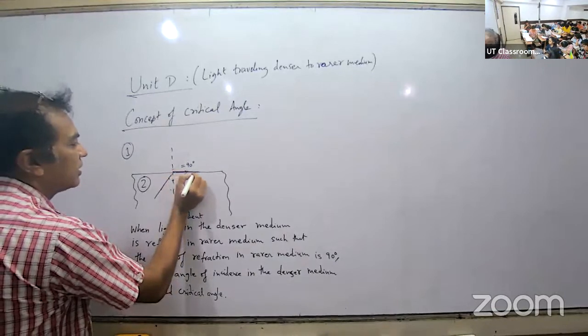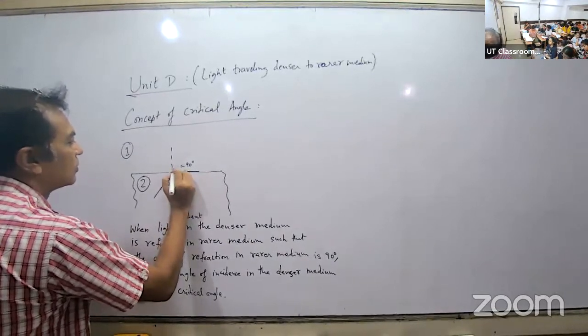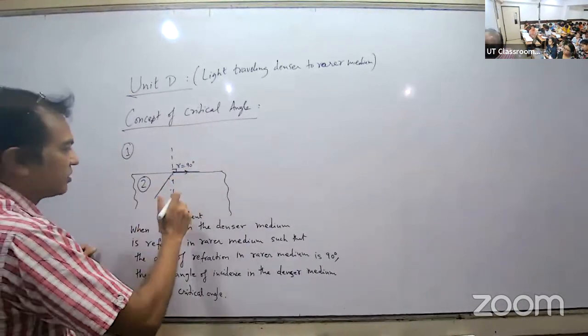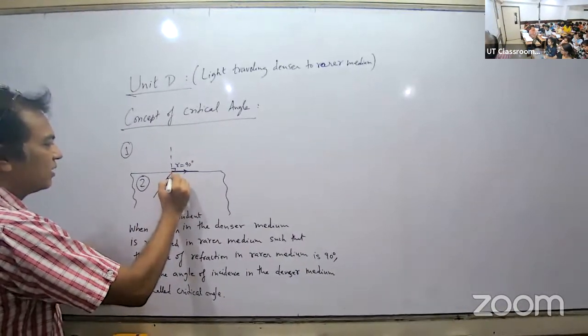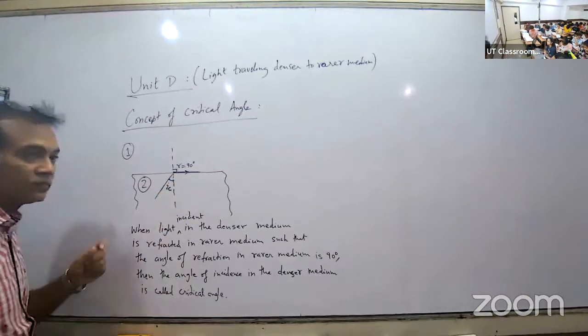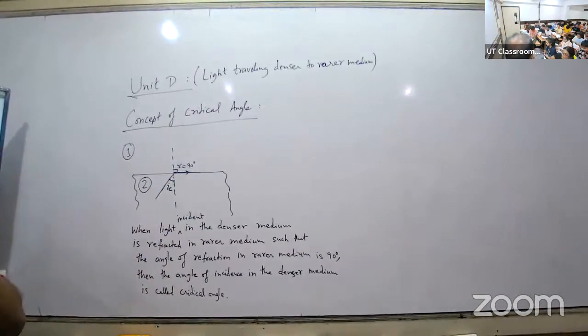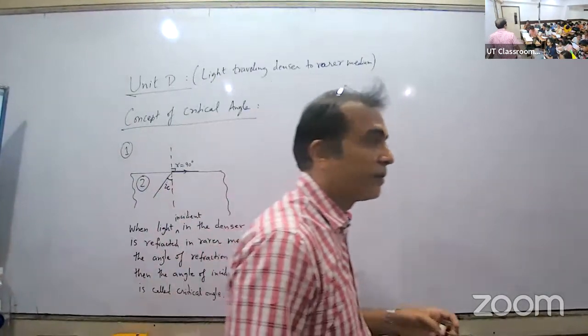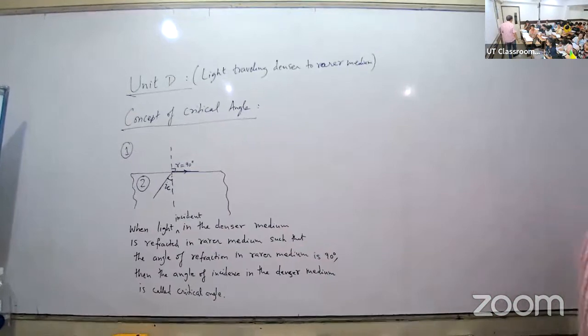Where is the refracted ray? Here, towards the surface. It grazes the surface. That time this angle of incidence is called critical angle IC. Bilal, you understood what is critical angle?